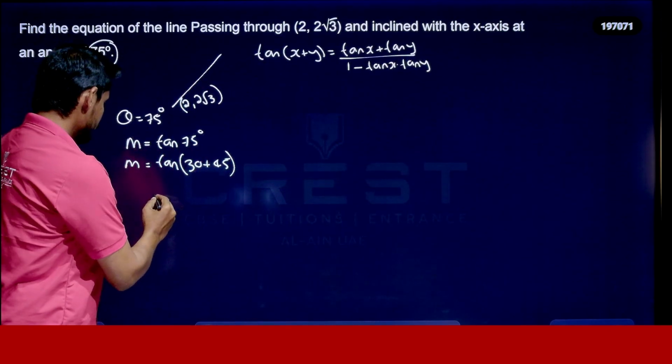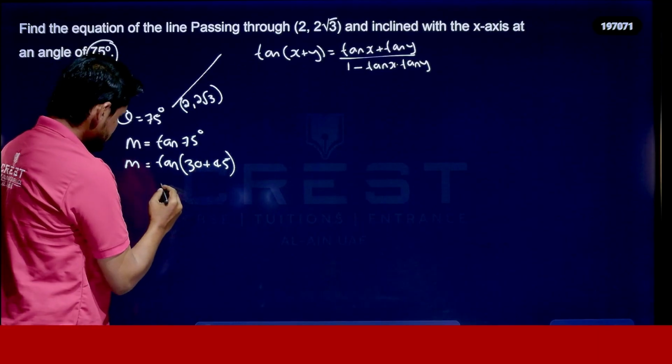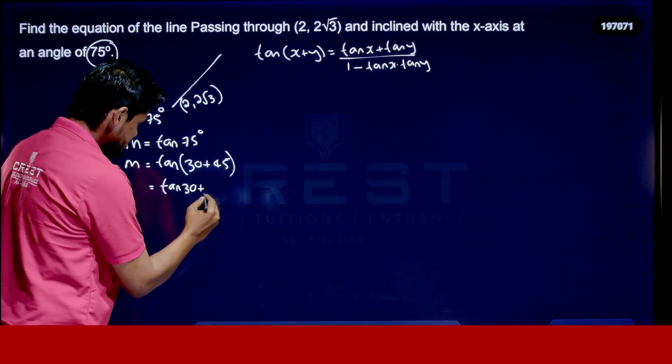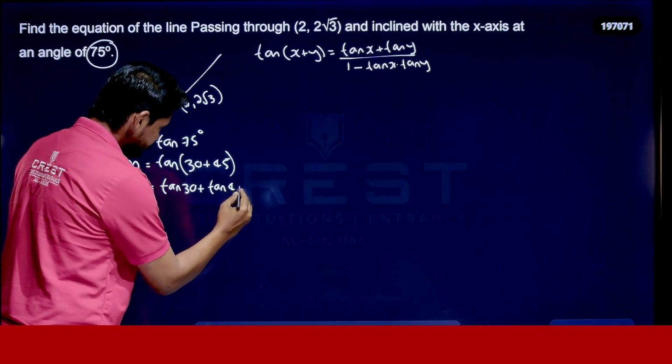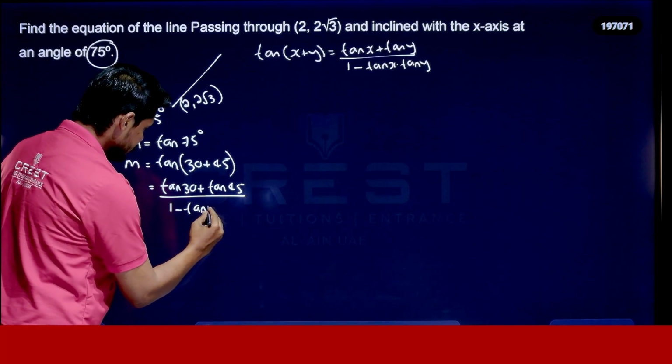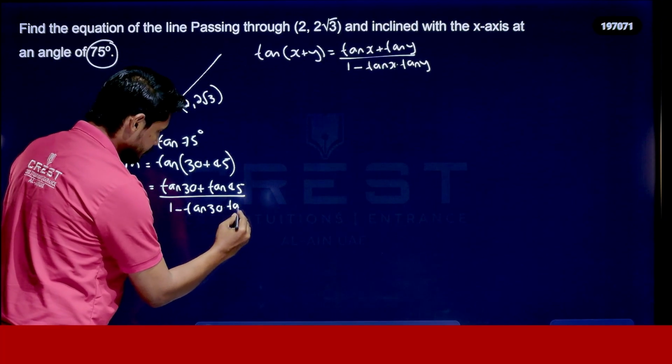So here this will be your x, this will be your y. So it will be tan 30 plus tan 45 whole divided by 1 minus tan 30 into tan 45.